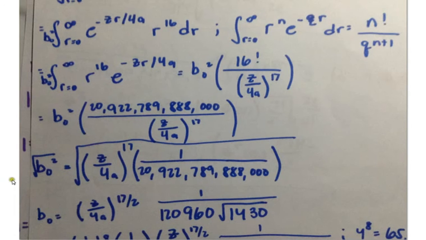Then getting the square root of the whole equation, you get B0 is equal to Z over 4A times 17 over 2, multiplied by 1 over 120,160 square root of 1,430.